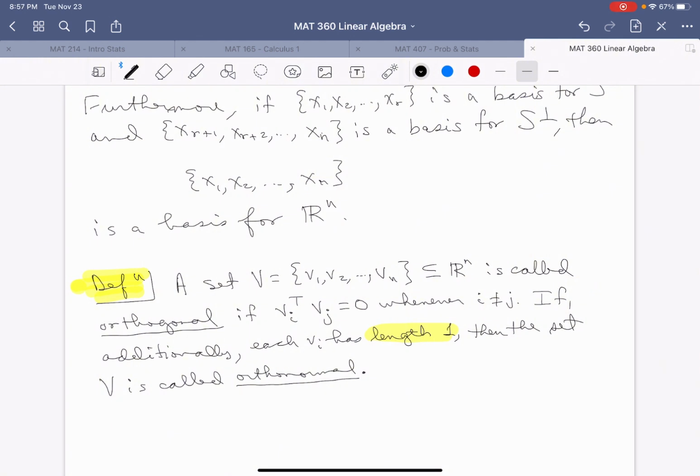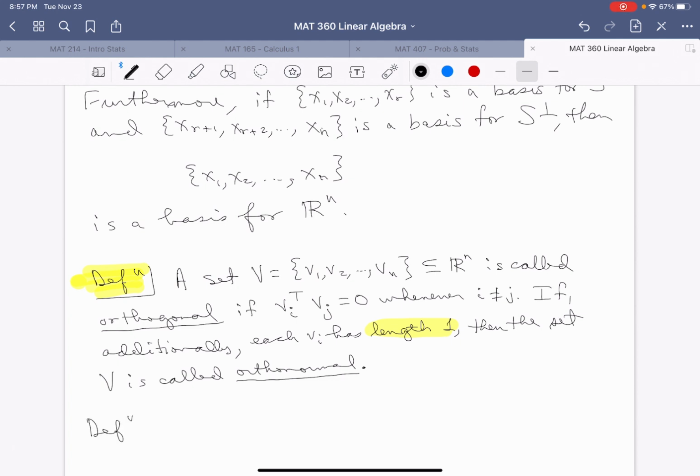Okay, so let's get a definition of that. By convention, people typically use Q for orthogonal matrices, so we're going to stick with that.